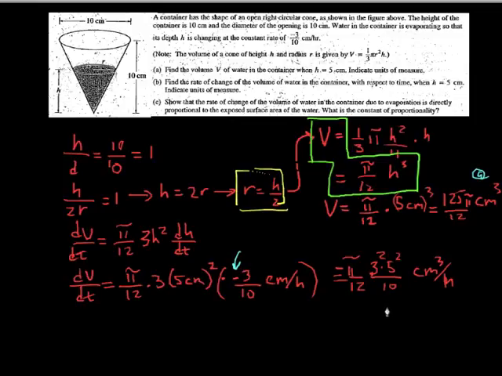Whatever number that is, that's the answer for B. I don't think I missed anything: 3, 5 squared, 12 times 10, and the pi, and the negative. So that is your answer for B, and I will do part C in just a second.